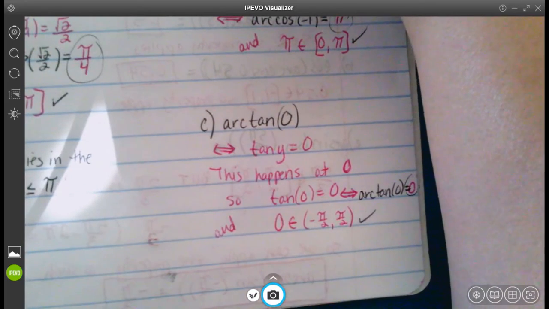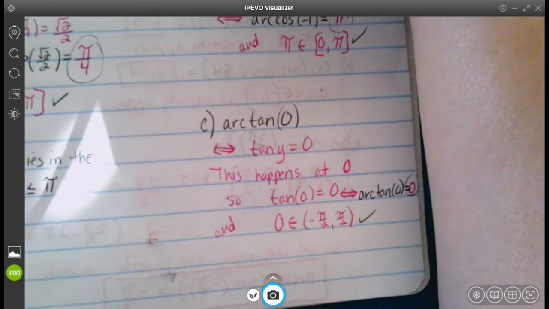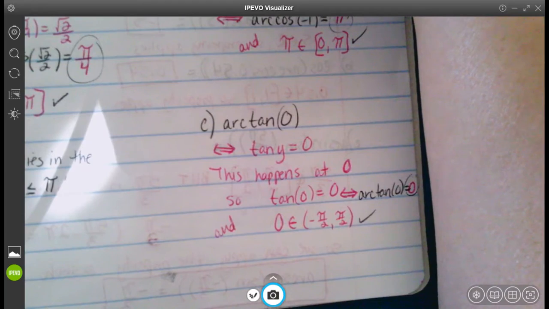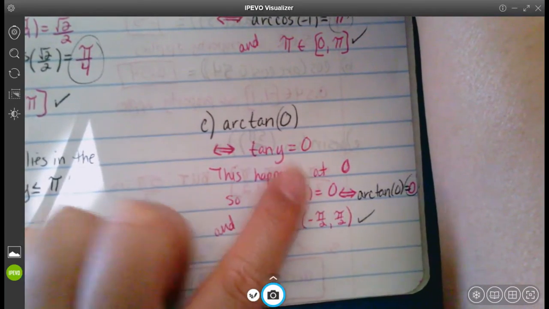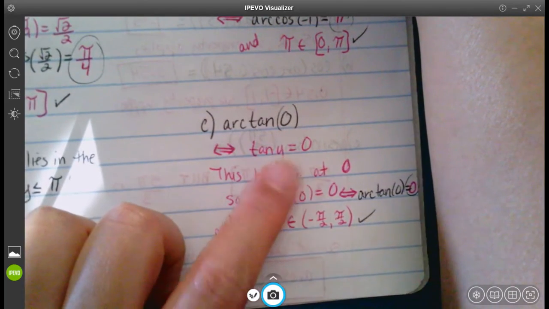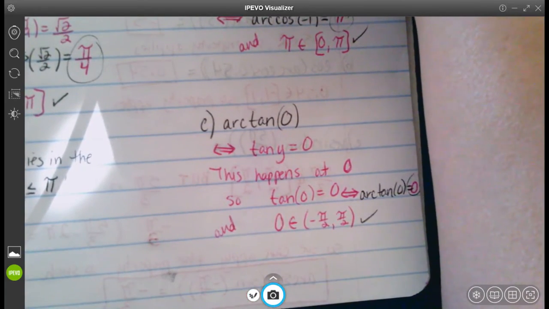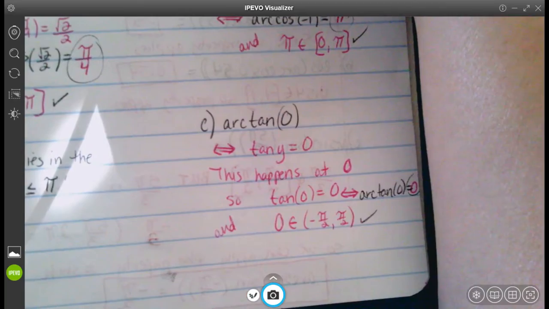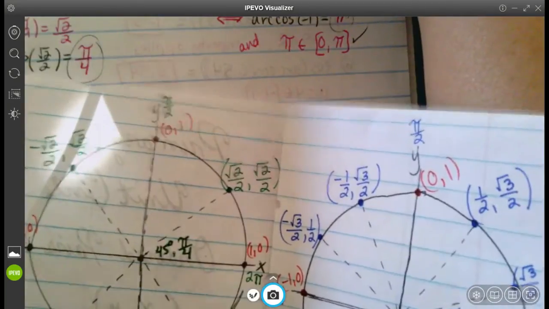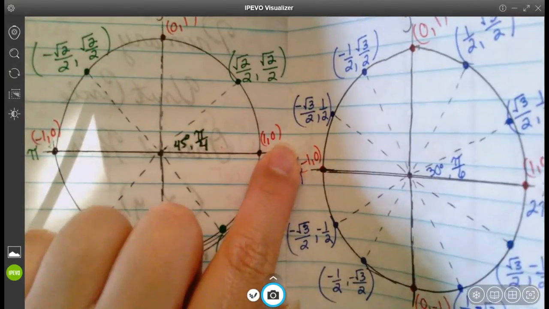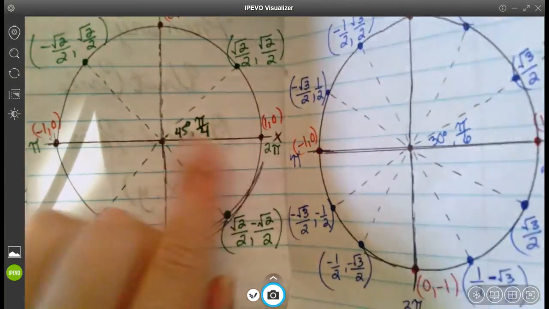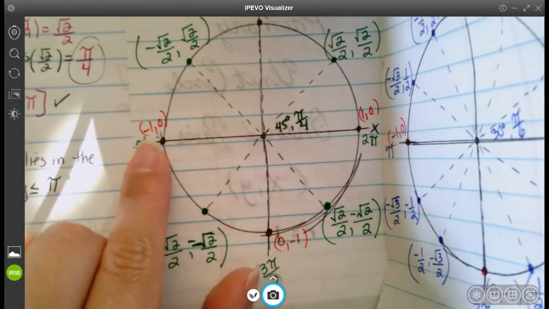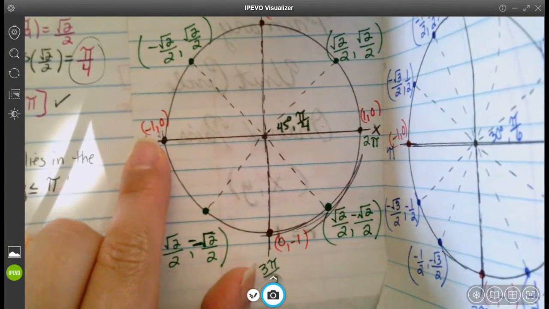Last one, arctangent of 0. For tangent, you have to think a little bit because you're thinking y divided by x. It's always y over x. So tangent of y equals 0. Where is y divided by x going to give me a 0? This happens in two spots. It happens right here because 0 divided by 1 is 0. And it happens over here. 0 divided by -1 is also going to be 0.